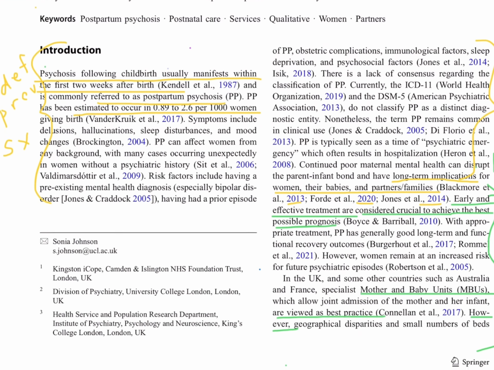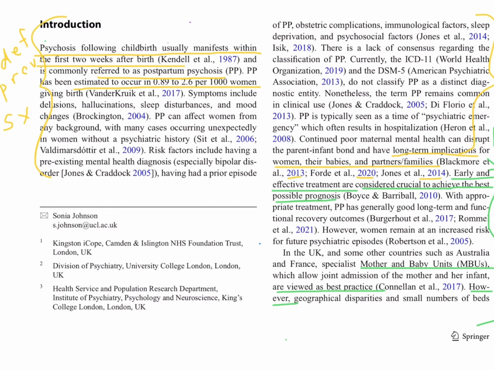Okay, welcome back. Let's compare. So, highlighting information about the introduction section that moves from general to specific. So, in my highlights, you can see in yellow that the authors began by giving a definition of what postpartum psychosis is, referred to as postpartum psychosis.